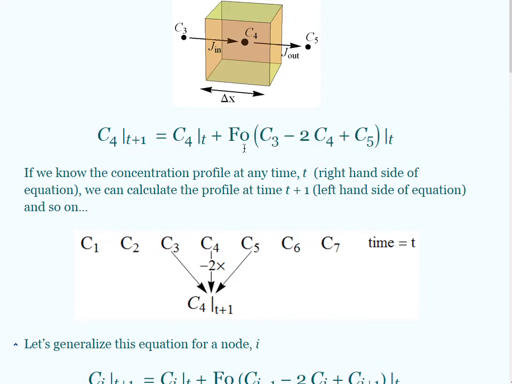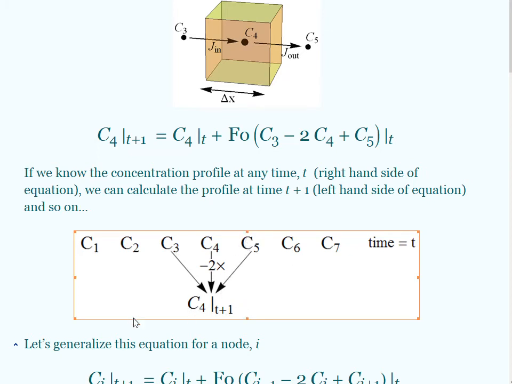And then we're going to go ahead and calculate for a time step later. That'll be in my Fourier number. Remember, that's got delta t in it. We want to calculate what the new value of C4 is, node 4. All right, well, according to this equation, all we've got to do is take this node 4 value, subtract 2 times the Fourier number times this value, and then add to that the Fourier number times this one, plus the Fourier number times that one.